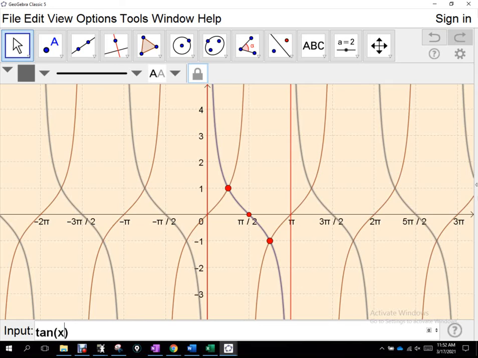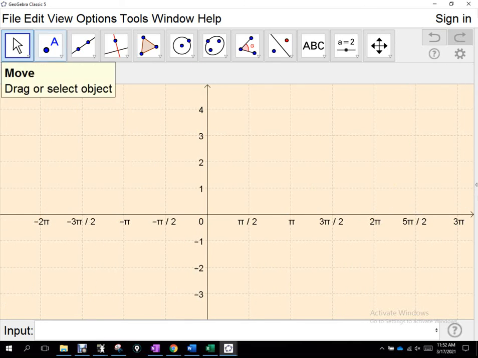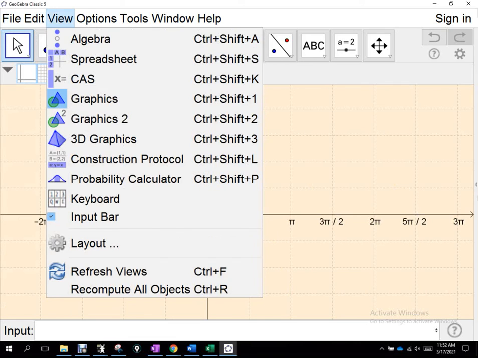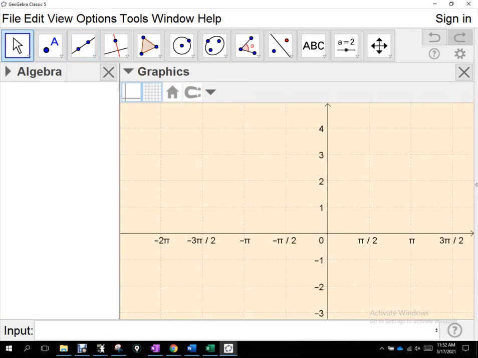Let's put the tangent on top of this. Those two curves, those sets of curves look very similar. Okay? They look very similar, so let's do this real quick. I'm going to show the algebra here.